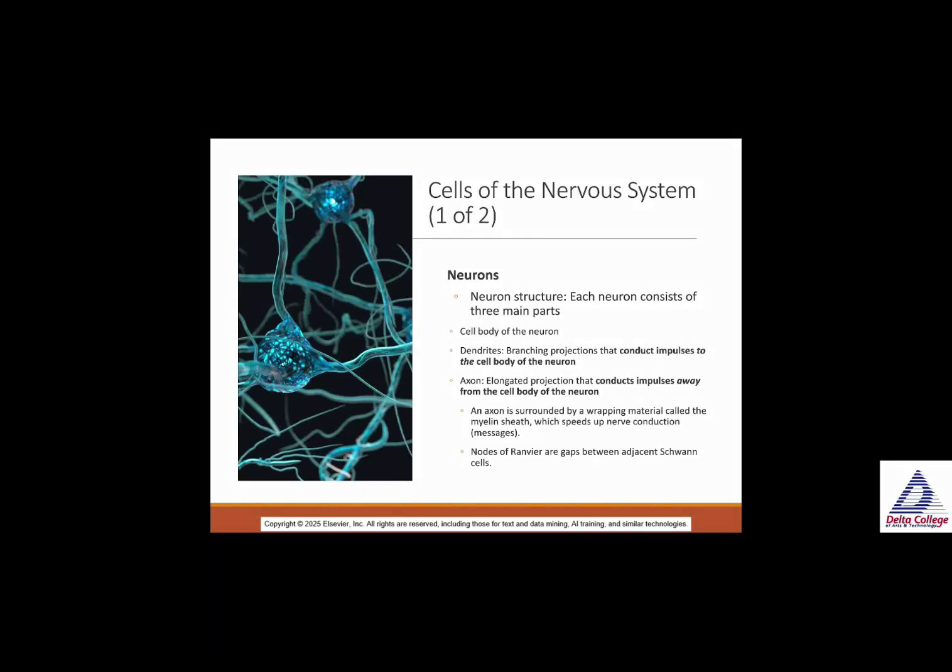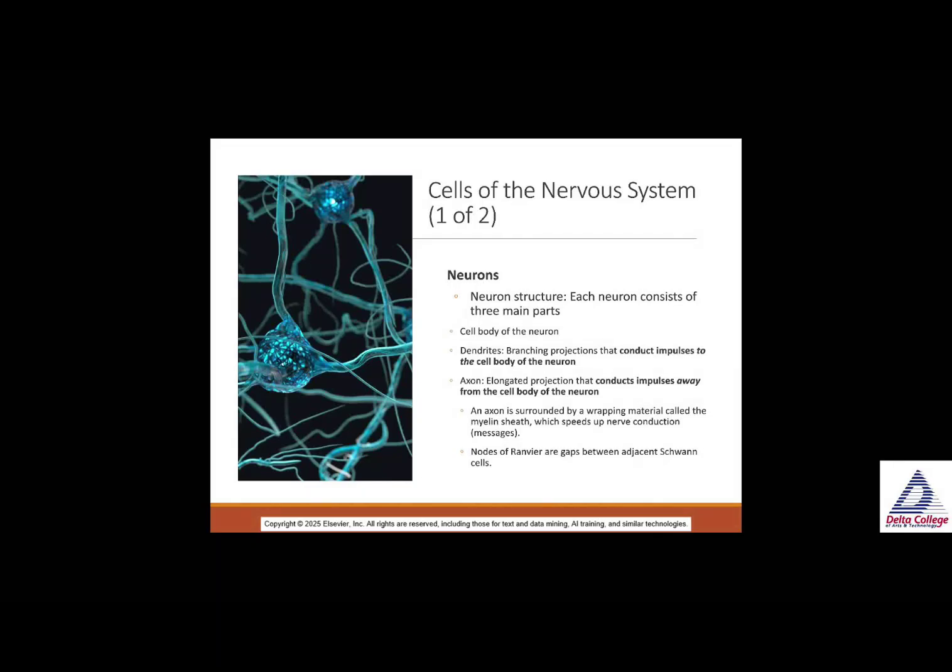These are little branching projections that conduct impulses to the cell body of the neuron. And then you have the axon, which is an elongated projection that conducts impulses away from the cell body of the neuron. So dendrites, impulses to the cell body of the neuron. Axons, impulses away from the cell body of the neuron.